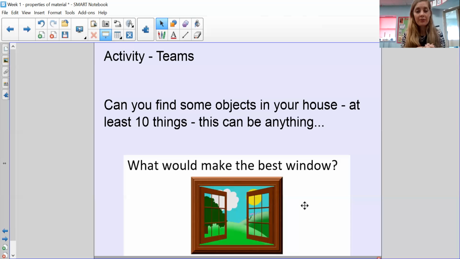As a little extra fun activity for today, perhaps you can design something, build something from those properties. For example, I have all of these materials and maybe I'll build a little house. I could use the little toothpicks to make the frame of my window, and I would use the sellotape to make my window panes because I'd obviously want to see through it.